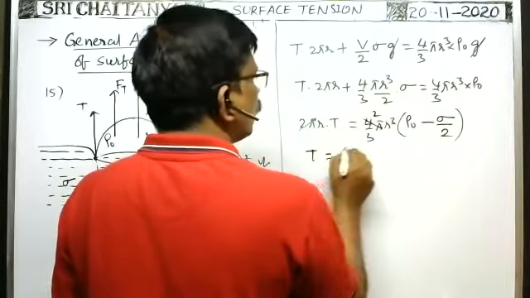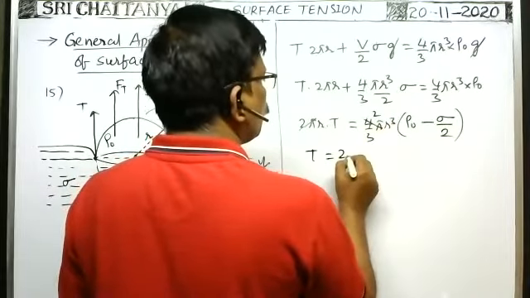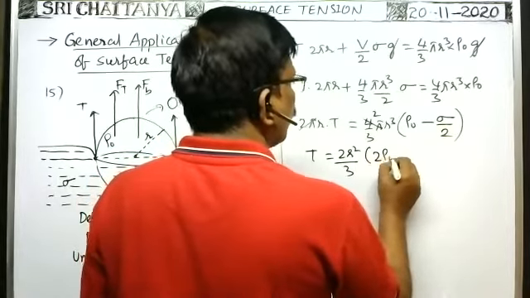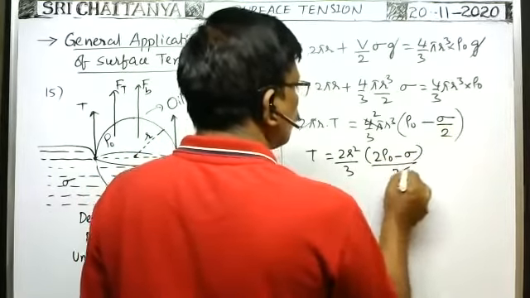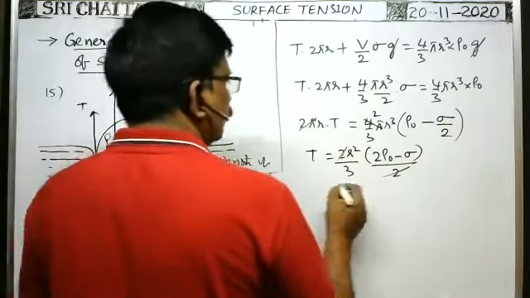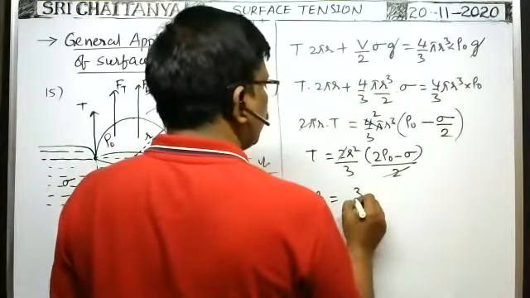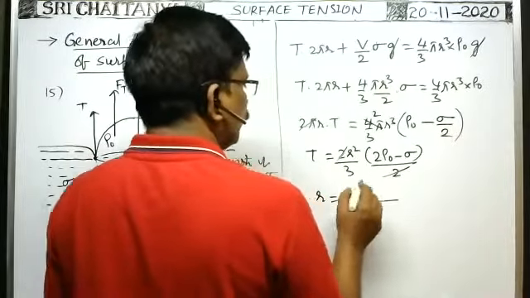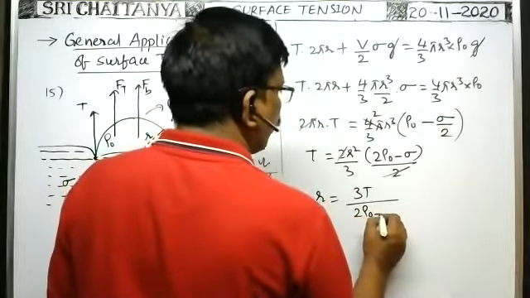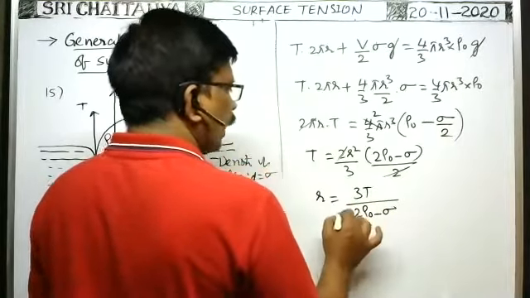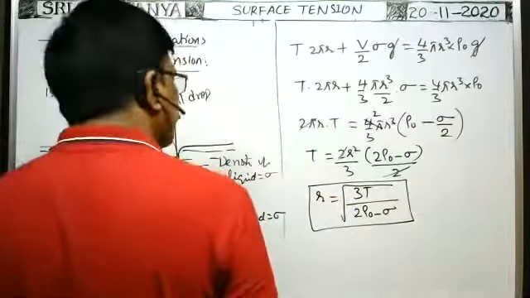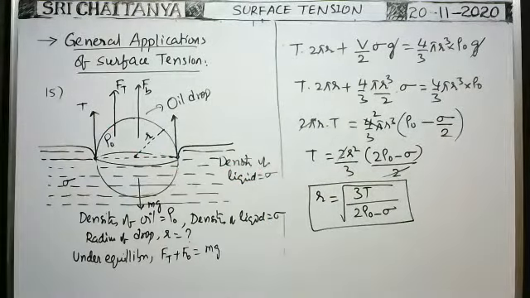So T is equal to, r cancels, 2 r square by 3 into (2 rho naught minus sigma) whole by 2. The 2 cancels. They asked for the radius. So small r square is equal to 3T by 2 (2 rho naught minus sigma). It is the r square value, so r is equal to the square root. This is the radius of the oil drop.